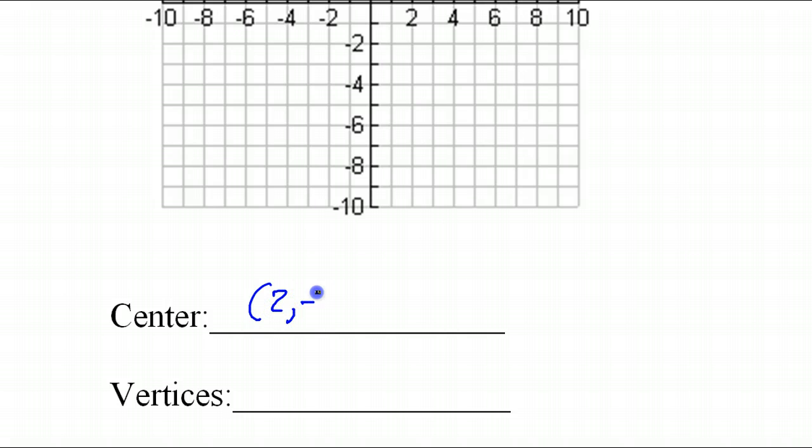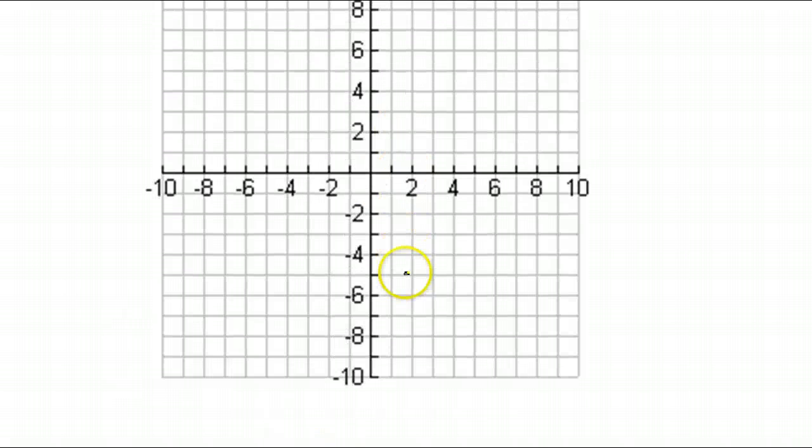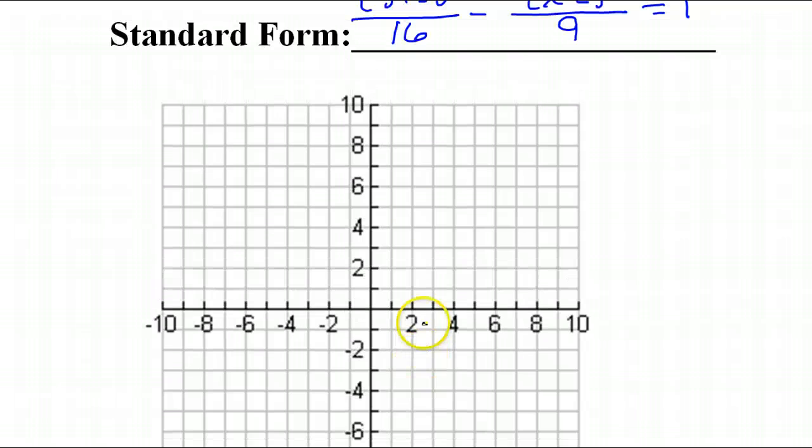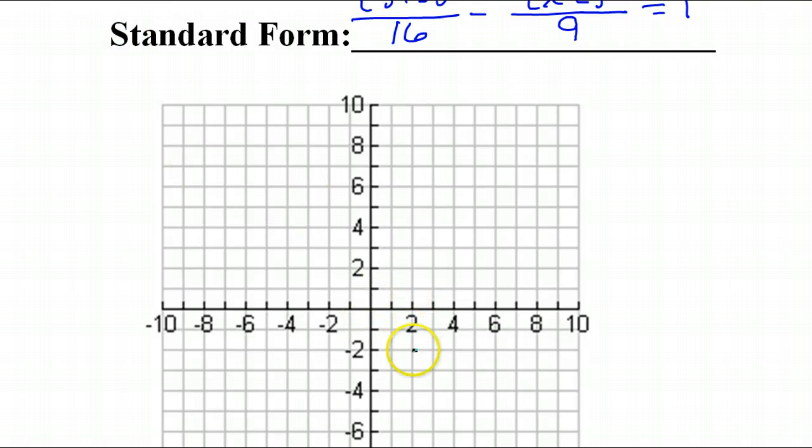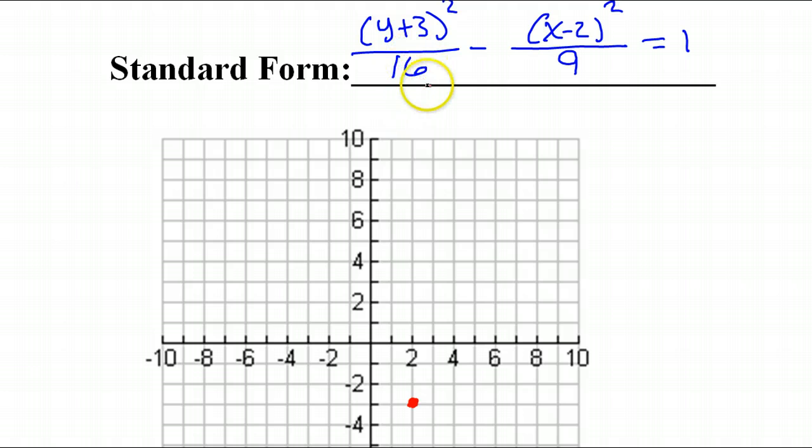This is going to be the center of it all. Now, this is going to give me an a value of 4 and a b value of 3.